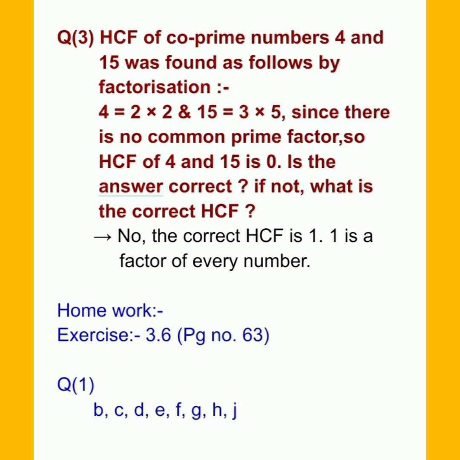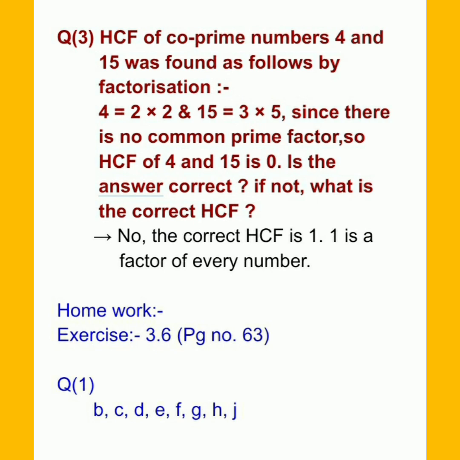This is your question. They found the factors of 4 as 2 into 2 and of 15 as 3 into 5, and they say there is no common prime factor, so the HCF is 0.